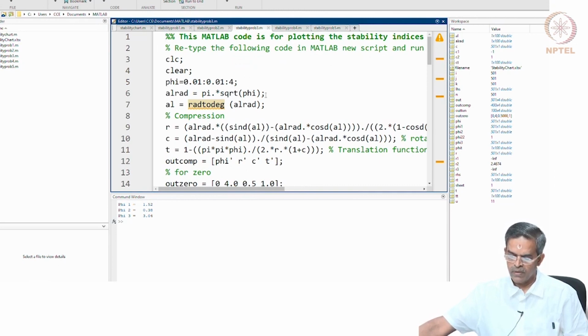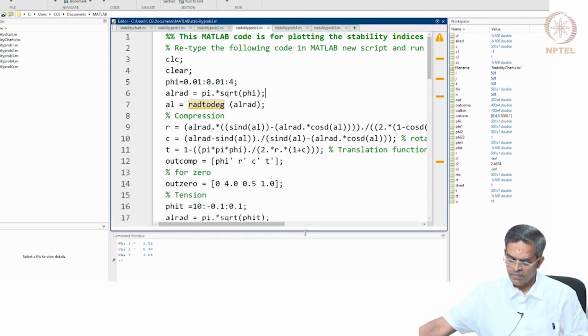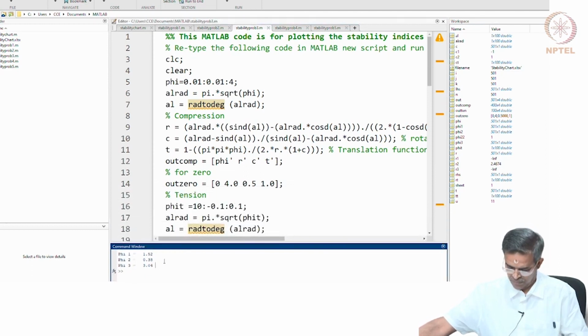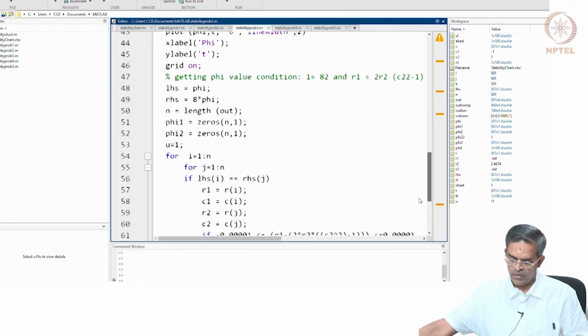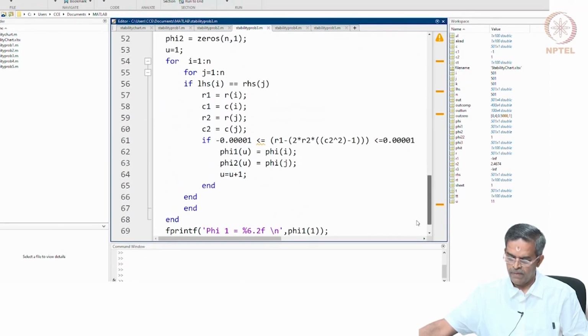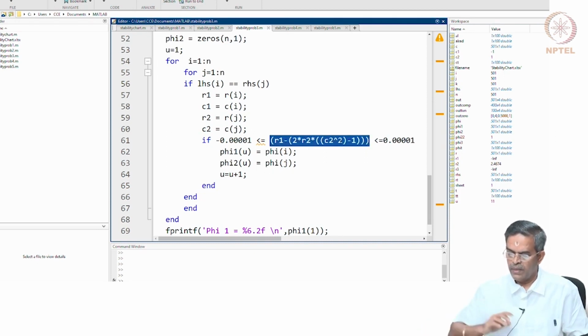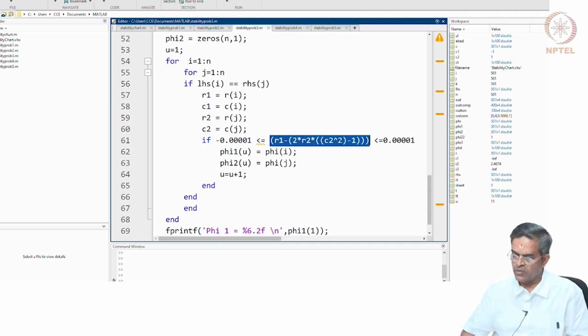So, friends, this is the program which you are going to run. You can see here the control equation is this: R1 minus 2R2 times C2 square minus 1 should be set close to 0.